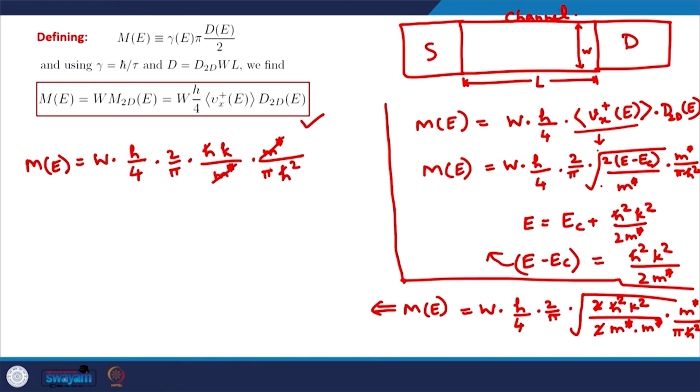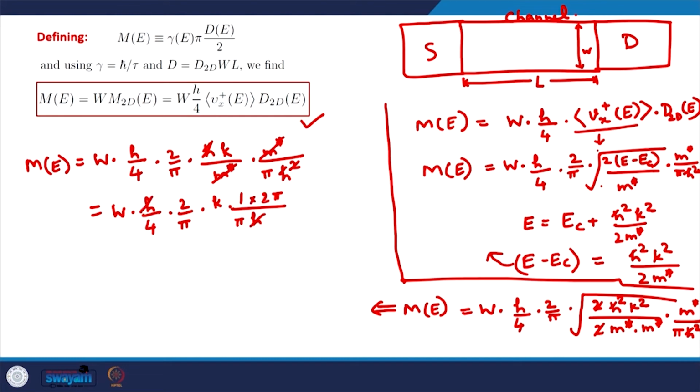M star and m star go away, and finally what we have is W times h by 4 times 2 by pi into k into 1 by pi, and h bar can be written as h by 2 pi.